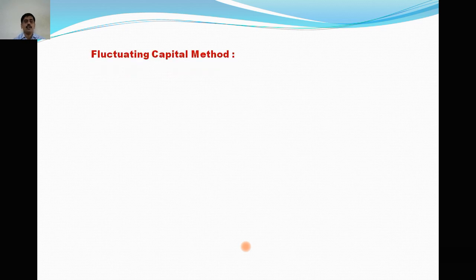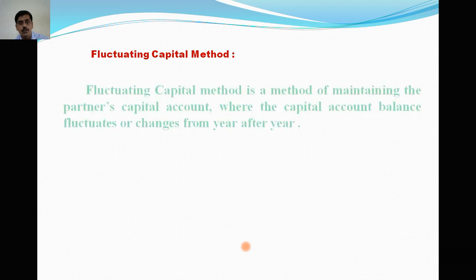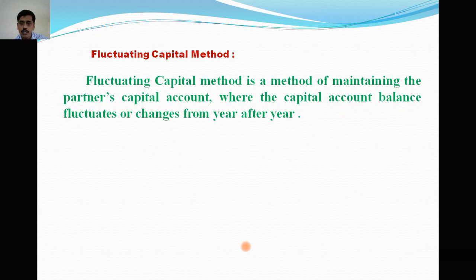Fluctuating capital method. The very name says that here the capital account balance fluctuates or changes year after year. Why does it change year after year? It changes because all adjustments are made in the capital account itself.